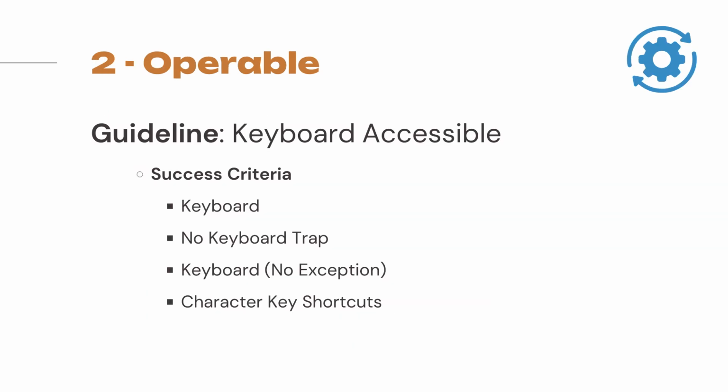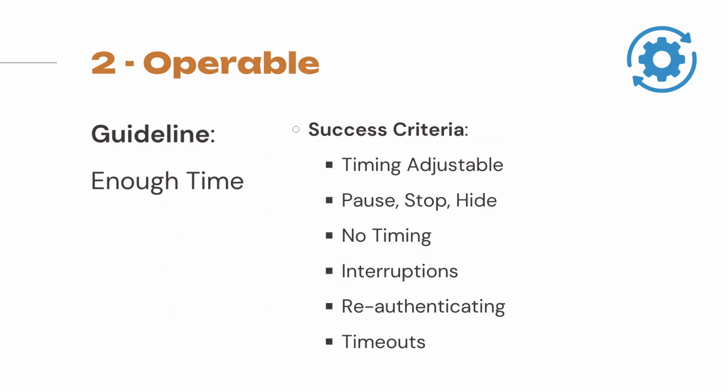Now we're on to principle 2, operable. And the first guideline is keyboard accessible. Success criterion keyboard says that all content should be accessible via keyboard. The second operable guideline is enough time. Success criterion timing adjustable says that users must be able to turn off, adjust, or extend the time for time-based tasks.